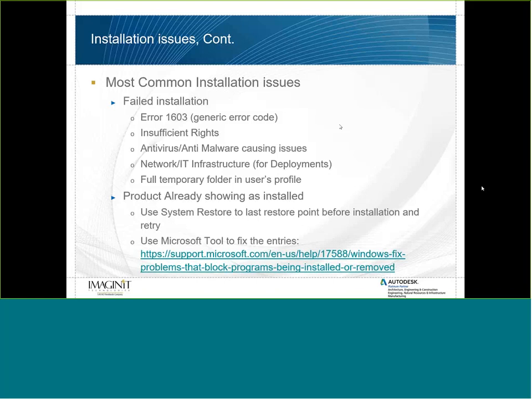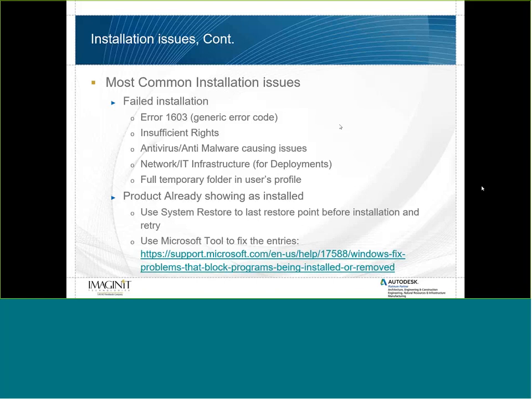Basically what happens during the install is that the software copies itself to the local temp directory in the user's profile and runs all of the operations from there. That's standard Windows operating procedure. And usually what I see is if someone has more than about 400 or 500 files in that temp folder, it can cause issues.